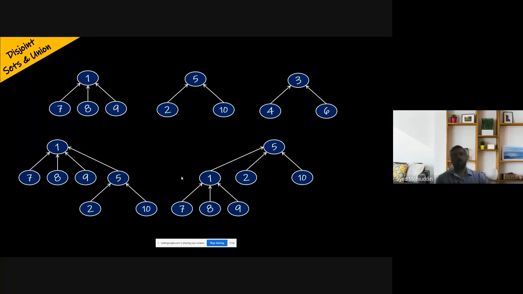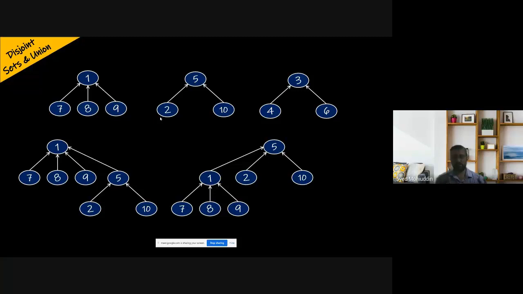Now, we have to be careful with one more concept. That is, suppose this is set S1 and this is set S2. When we are performing the union operation with set S1 union S2, once the operation is performed, they will not be set S1 and S2.